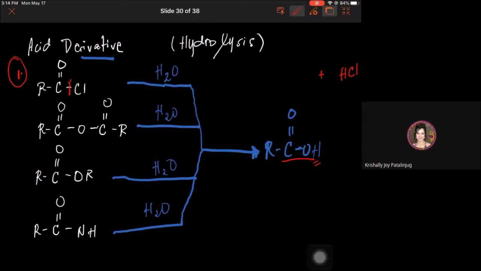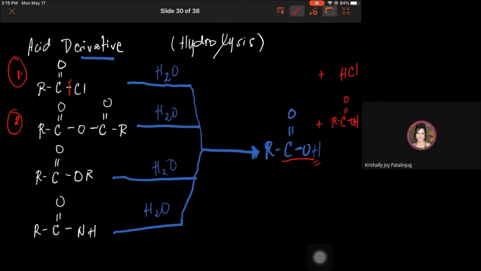Next, let's have acid anhydride. I have told you in our prior discussion that an acid anhydride is formed by simply combining two equivalent acids. Therefore, this will produce two carboxylic acids.